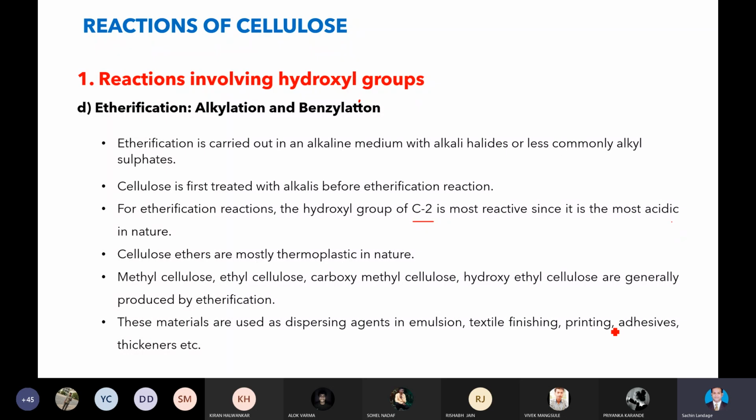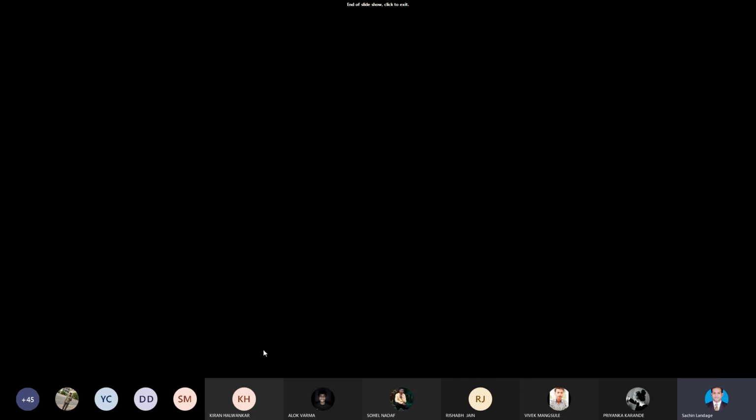We can also use it as an adhesive because it has good adhesivity, in sizing, in the food industry, and in printing. So these are the various applications of etherification products.